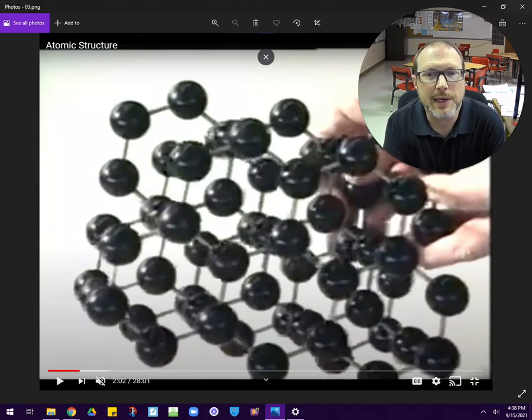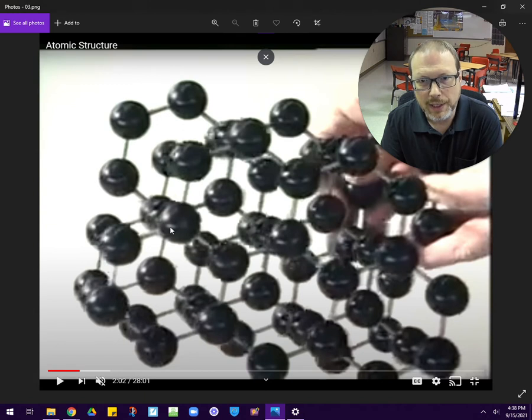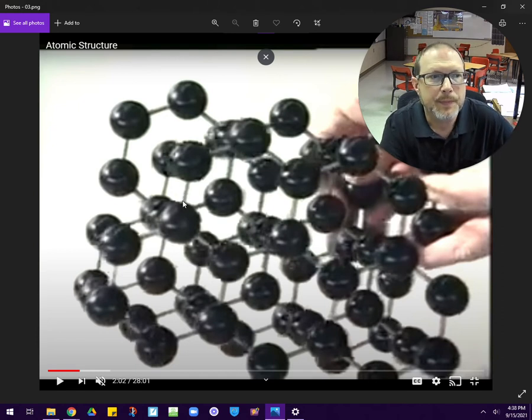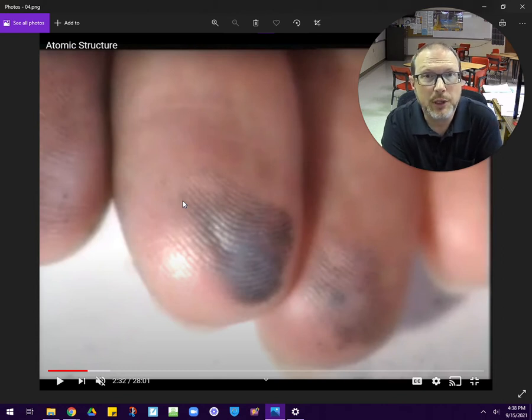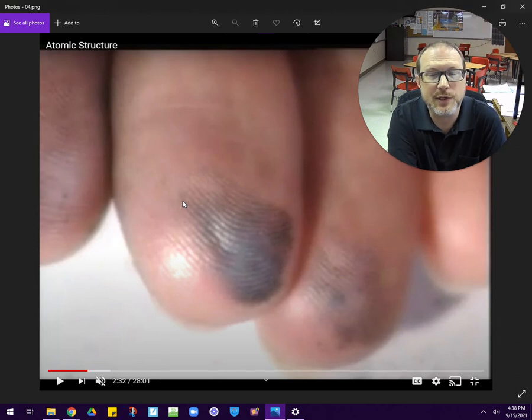graphite, which is modeled right here, is made up of pure carbon. Each of these black spheres here represents a carbon atom. And each one is bonded to 3 or 4 other carbons. And the reason why it's slippery, according to the theoretical model, the reason why it can get on your fingers, it's even used actually as a lubricant, a dry lubricant whenever you need to have parts slide past each other.